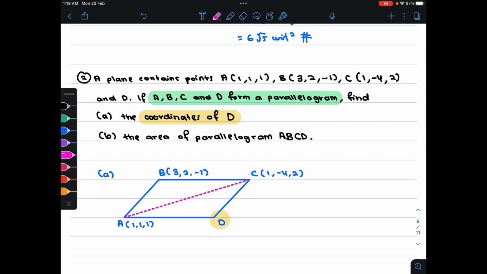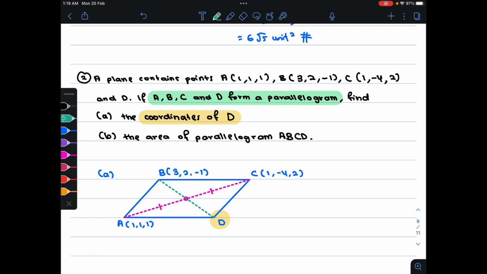So this one right here is the length of AC. So I can have a midpoint in the middle of AC, which will divide the length of AC into 2.